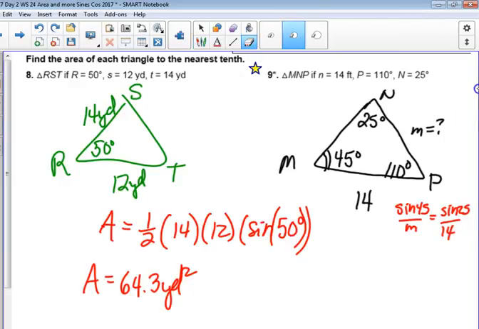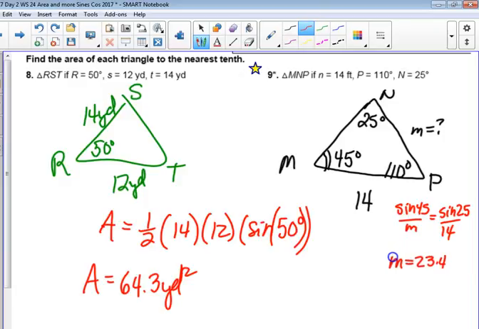That's really messy. Don't forget to close your parentheses, but yes, I did get 23.4. I might carry a couple extra places on that one because I'm going to use it.